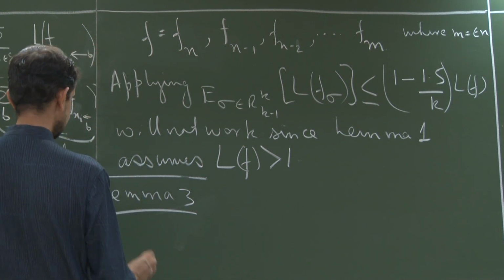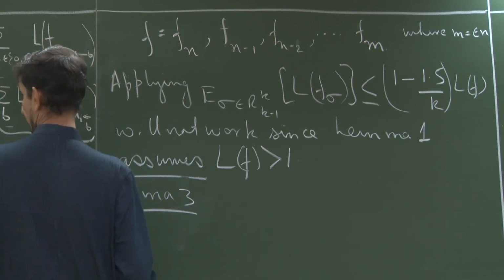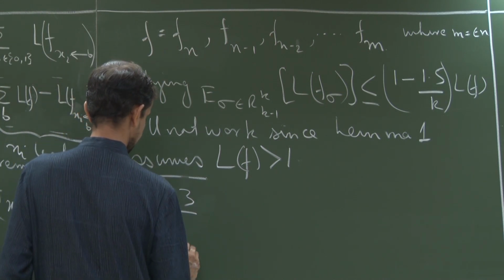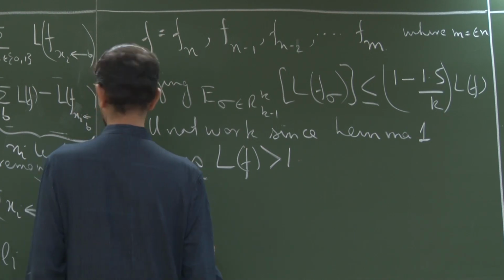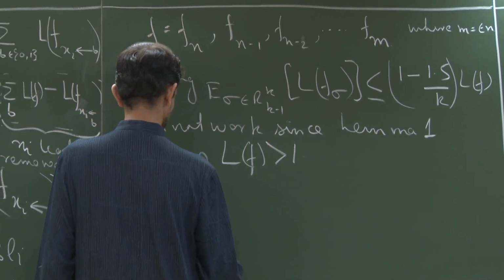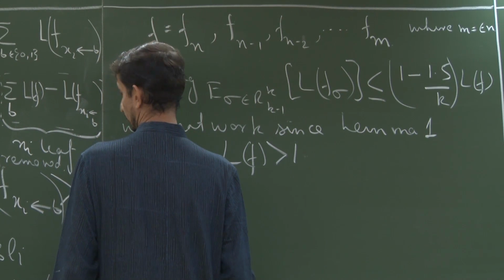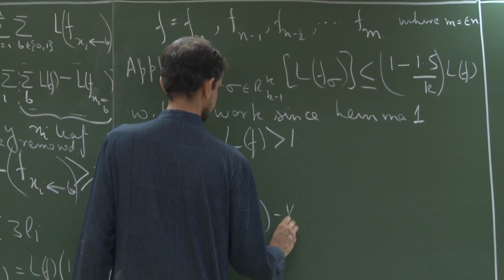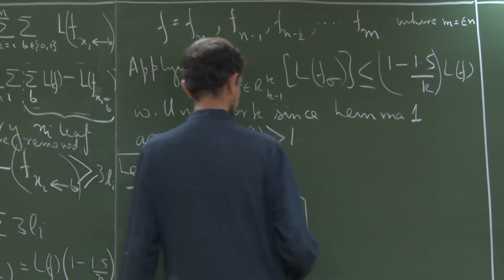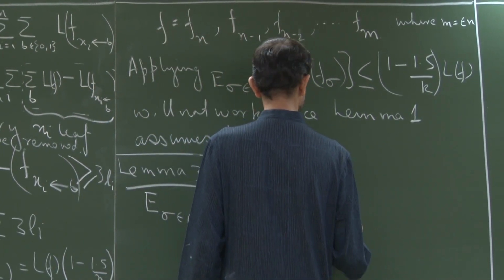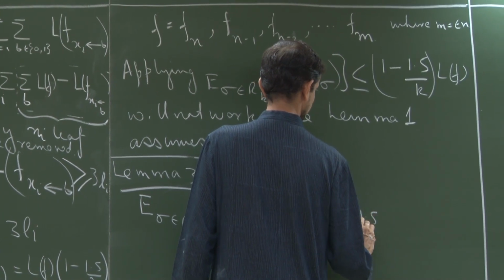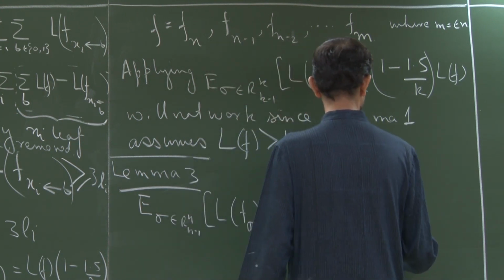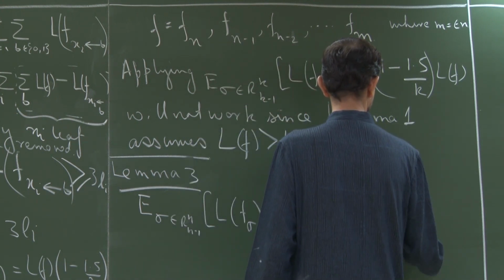So, what we will prove is that the expectation over sigma in R_{n,n-1} of L of f_sigma minus 1/3 is at most 1 minus 1.5 by n times L of f.